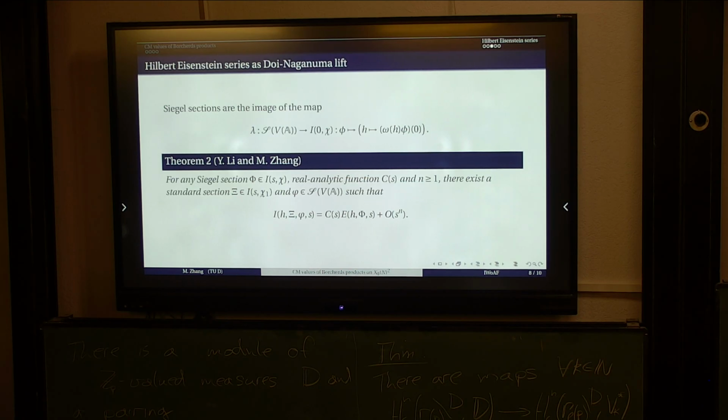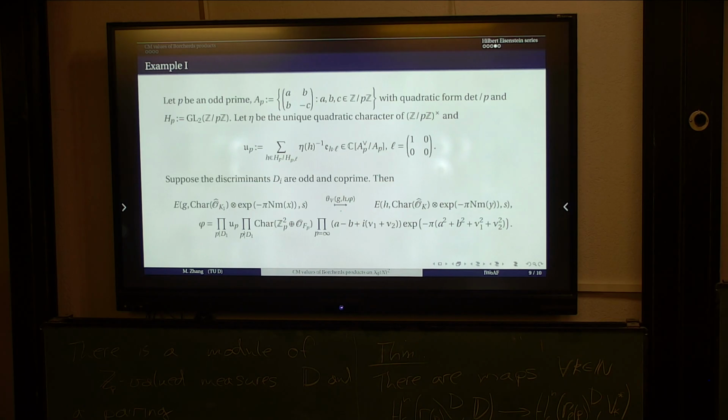So elements in the degenerate principal series naturally extend to elements in the principal series, namely extend from s = 0 to all s in C. So for any Schwartz section phi in I(s, chi), and any positive integer n, we can compare the Hilbert Eisenstein series with the Doi-Naganuma lift of the elliptic Eisenstein series up to one analytic factor C(s) and one error term O(s, n). I want to show you one example.